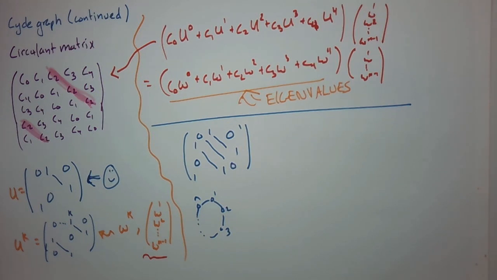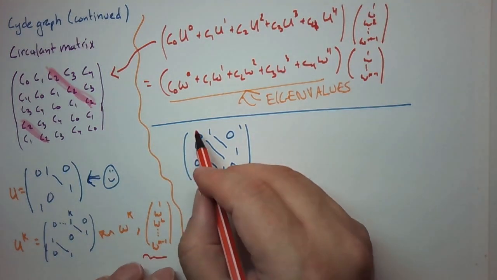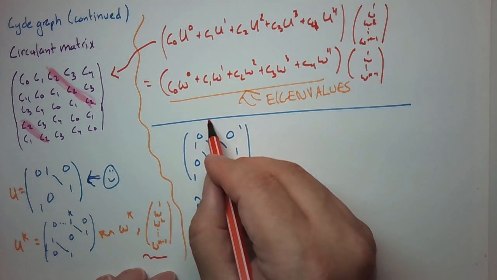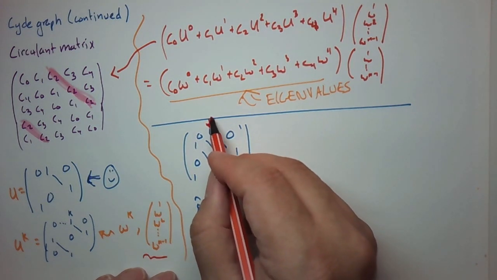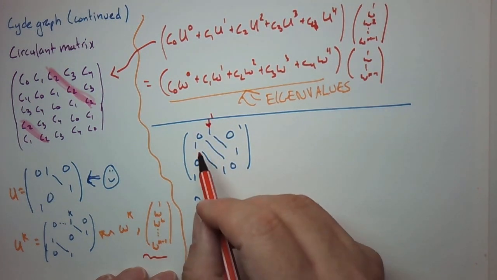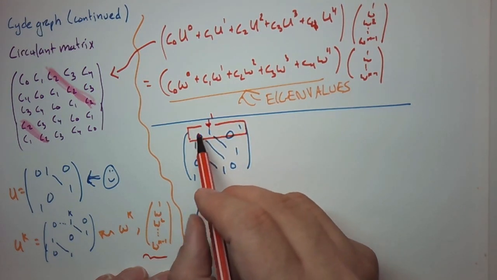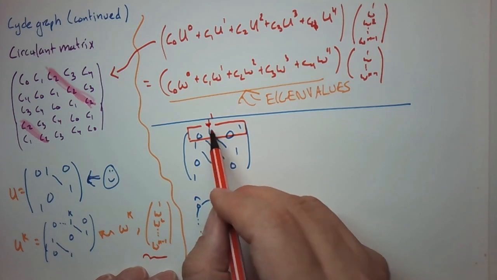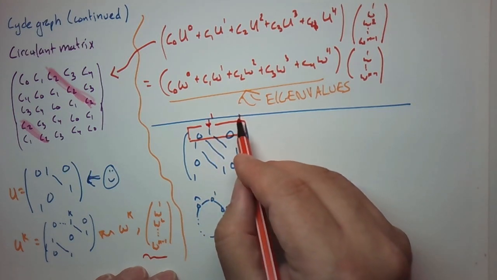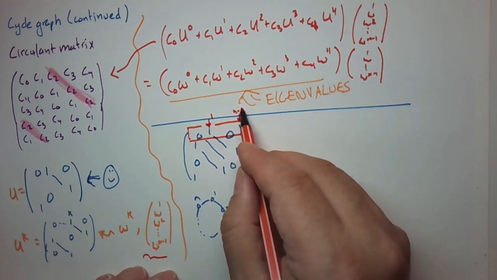So now that we know it's a circulant matrix, great. What do we see? Where are our entries? Here, this entry is in the 1 slot in the first row. So I'm reading off the first row. The 0 slot is a 0, the 1 slot is a 1, and back here at the end, in the n minus 1 slot is a 1.